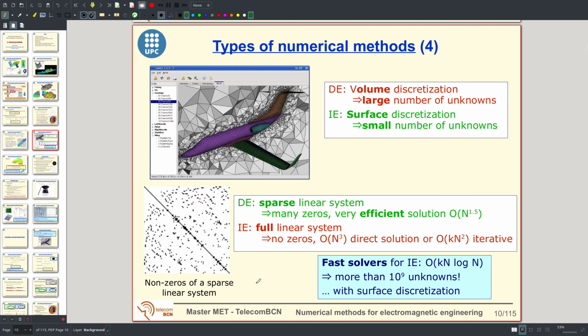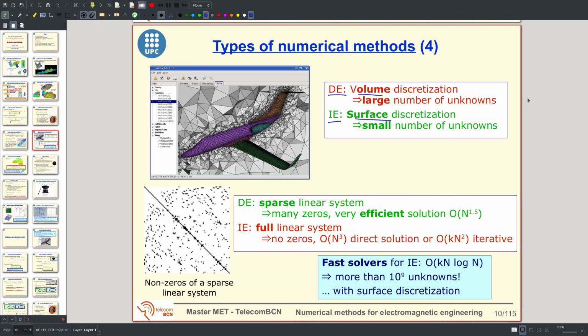So if we want to summarize all the differences between integral and differential equation methods, we have that regarding the discretization, differential equation methods need volume discretization, while integral equation methods need surface discretization.